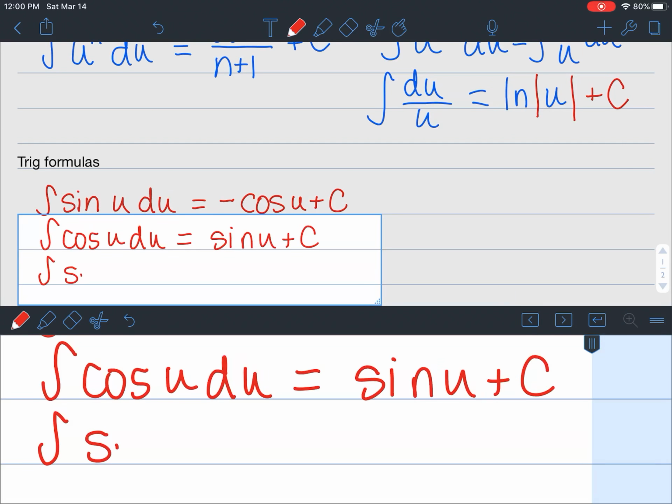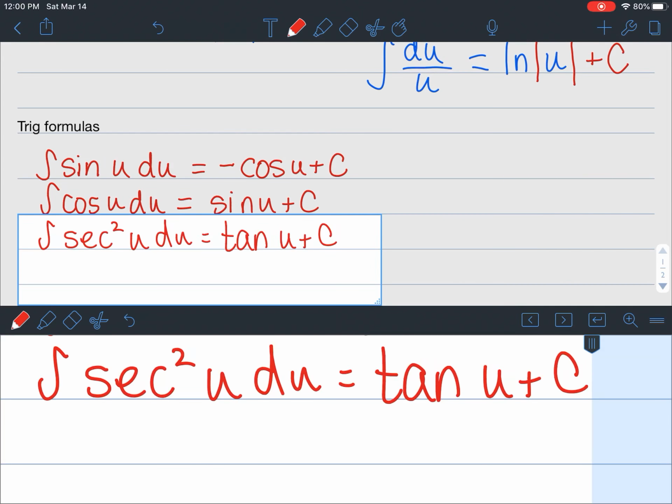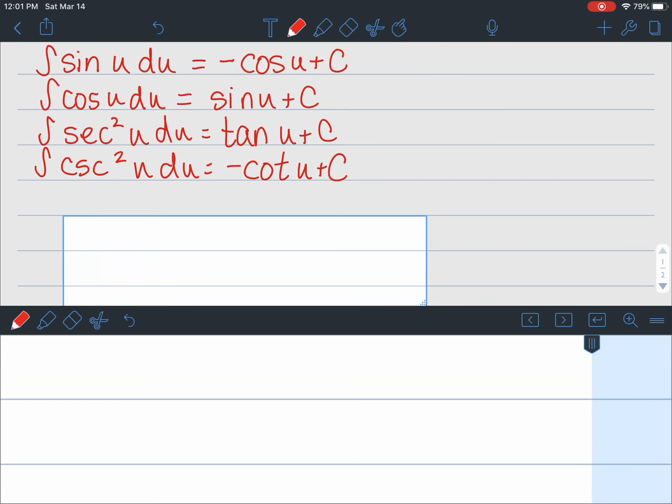The integral of secant squared u du. Whose derivative is secant squared? That's right, tangent. Don't forget your plus c's. The integral of cosecant squared u du is negative cotangent u plus c.